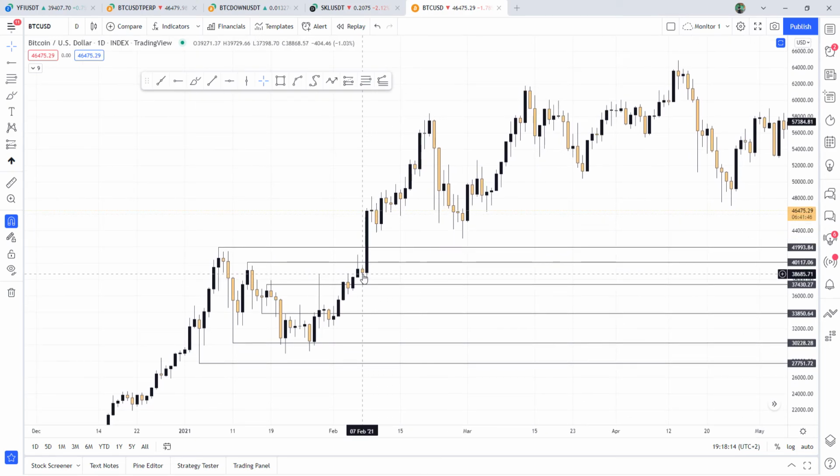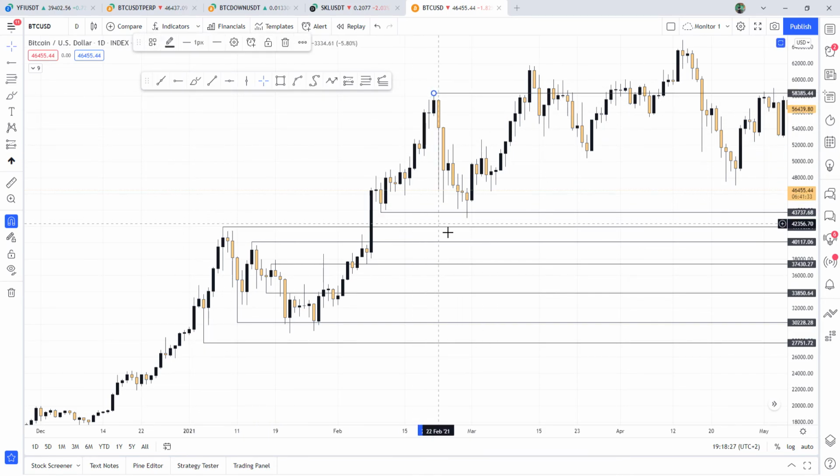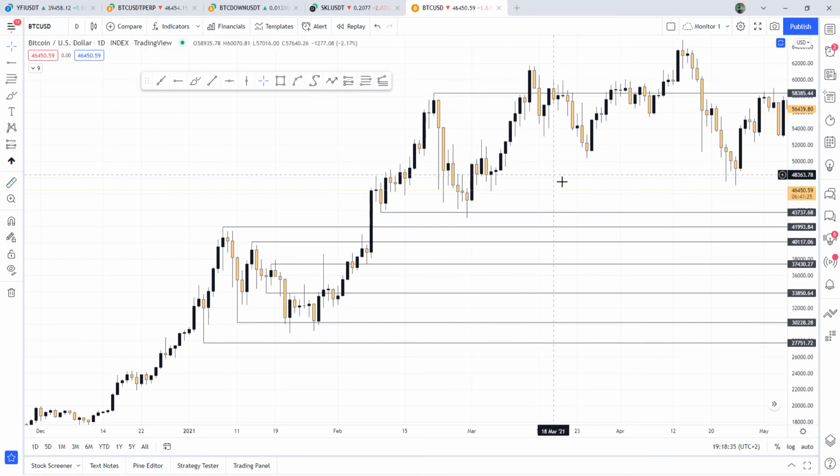If you want a bigger range, you can mark only the lowest, for example this one, and the highest, this one, and you have a big range like this. But if you trade on lower time frames and you want to make multiple trades, then you should mark everything.